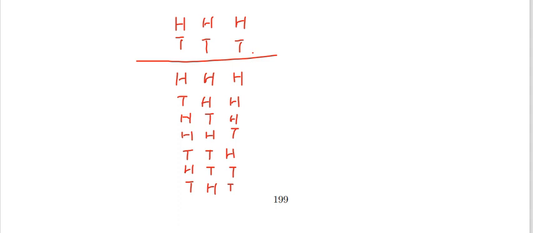So here we have 3 with 1 T, there's 3 with 2 T, and then 3 T, just tail, tail, tail, and here 0 T, right?